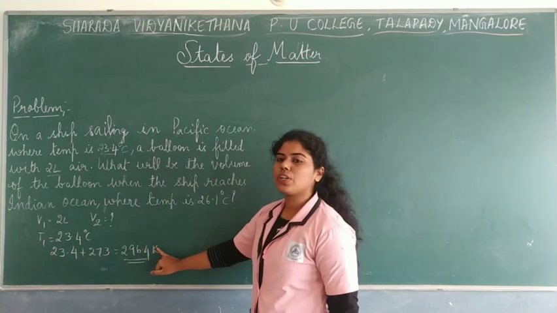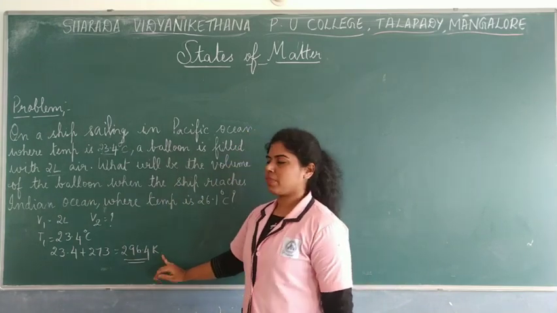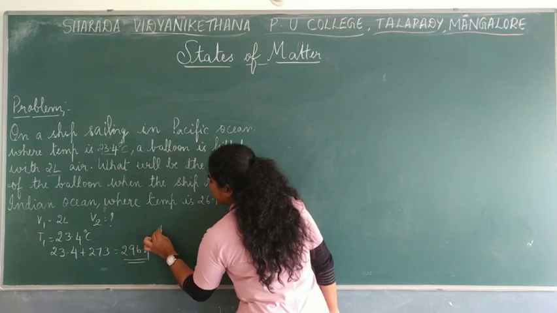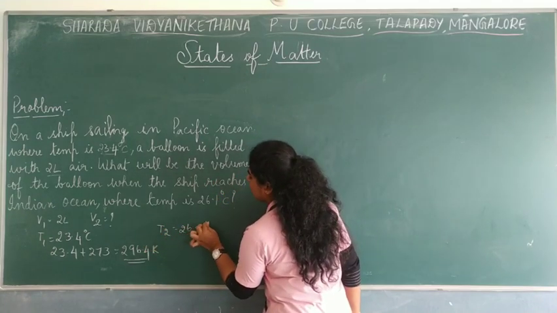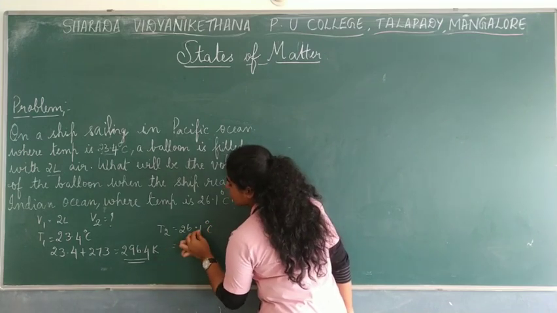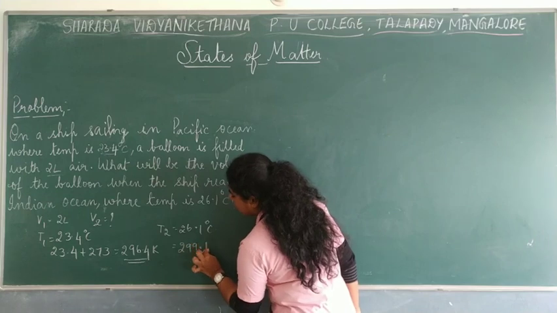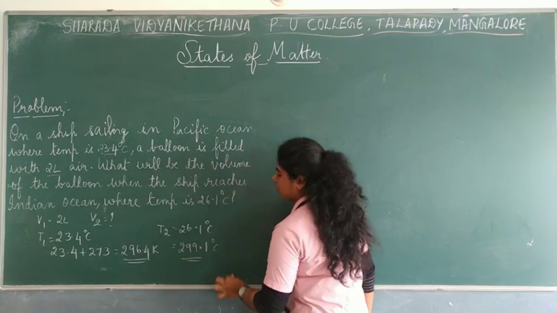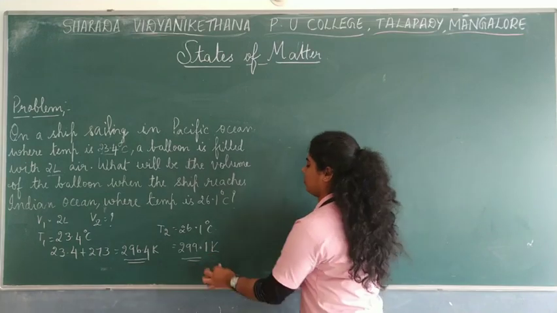Always when you write Kelvin, you do not put that degree symbol there. Directly it's capital K. Then we have T2. T2 is given as 26.1 degrees Celsius. When you convert this, you add 273. So you get 299.1 Kelvin. Sorry, this is Kelvin.